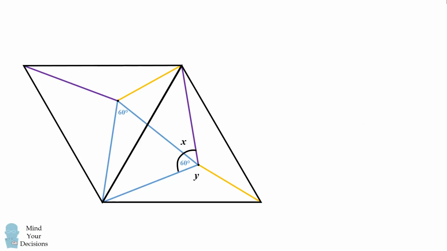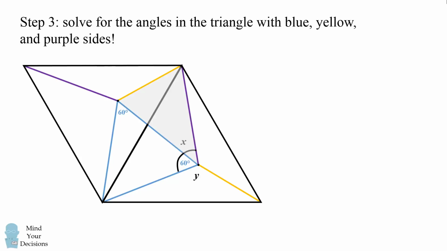Now what can we do from here? We now have the triangle that we're looking for with a blue, yellow, and purple side. So we'll solve for the angles of this triangle. The first thing we can do is we can solve that the angle between the purple and blue sides is x minus 60 degrees.